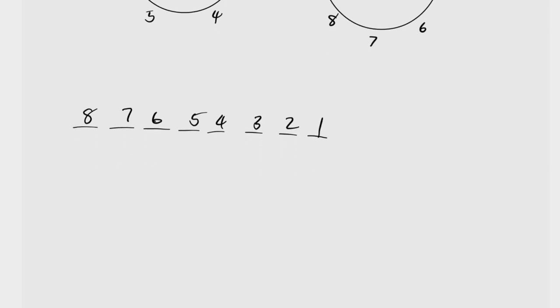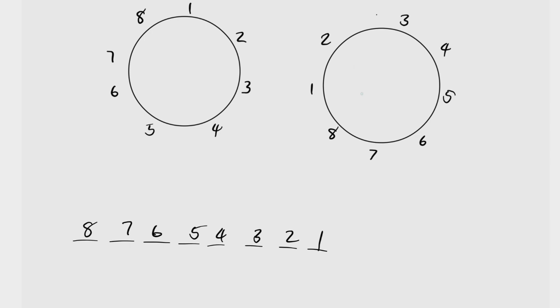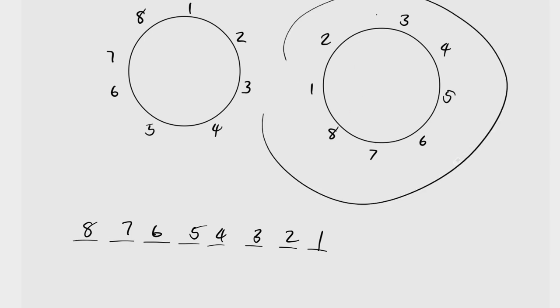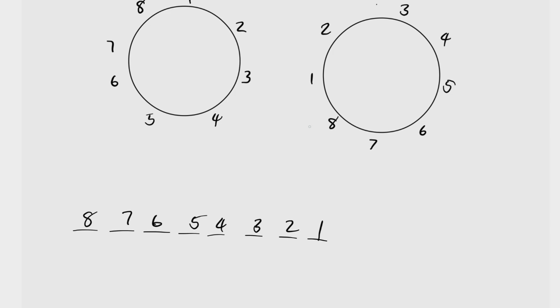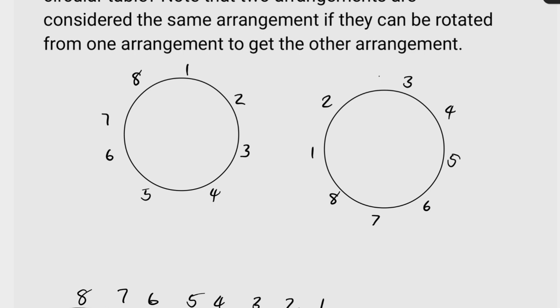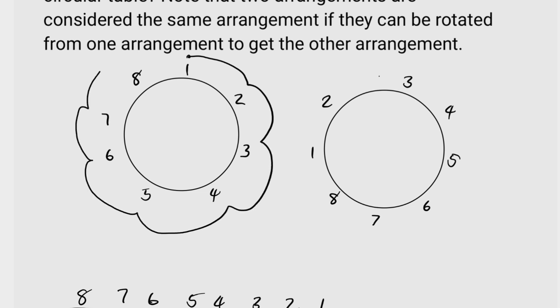But now, in order to get rid of the arrangements that are the same because of rotation, if you notice, it can be rotated the same number of times as there are people. So let's say the one could be here, there, there, there, there, there, and there.